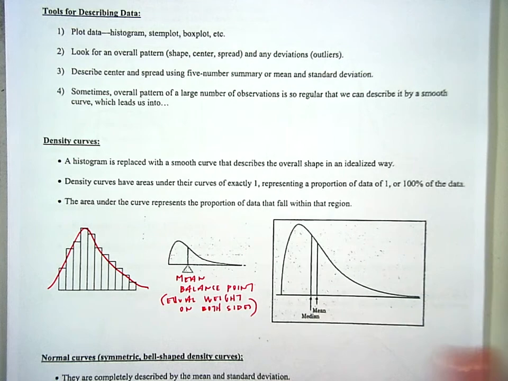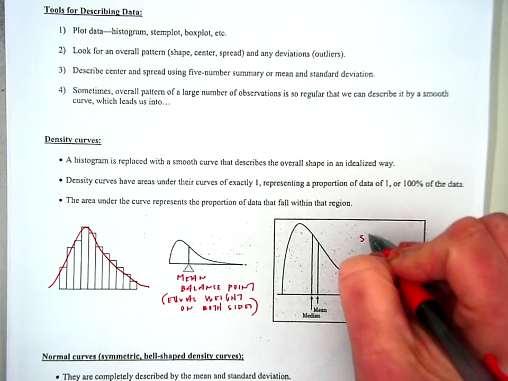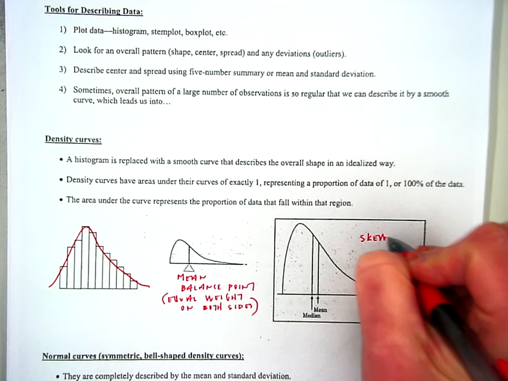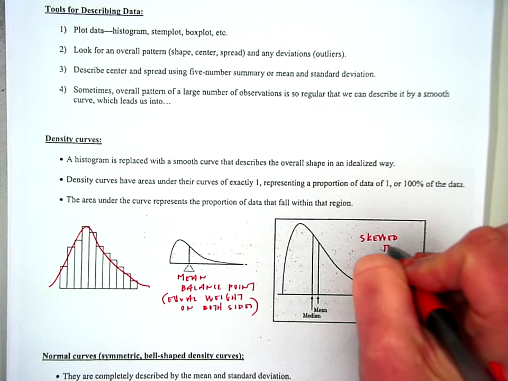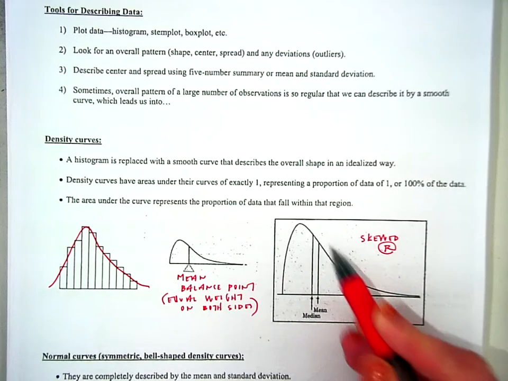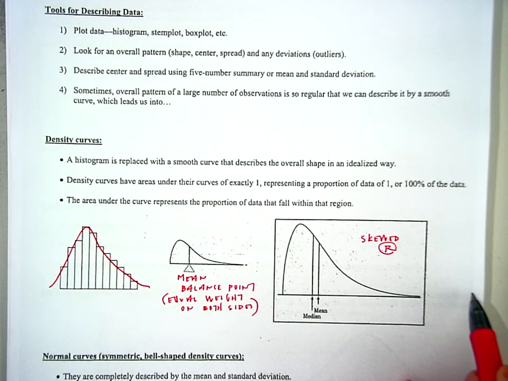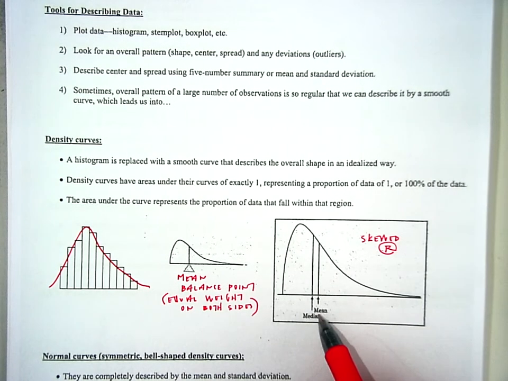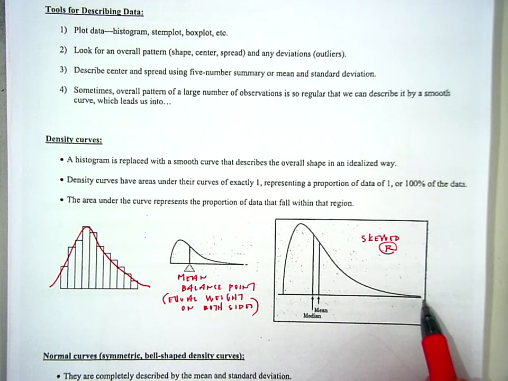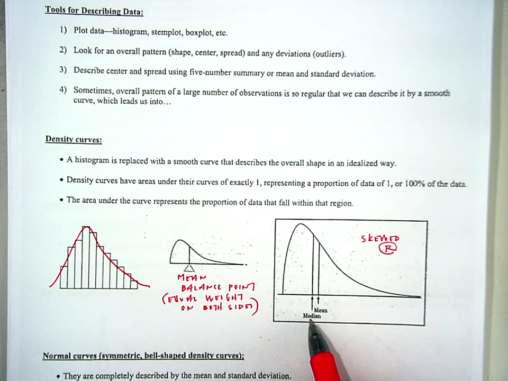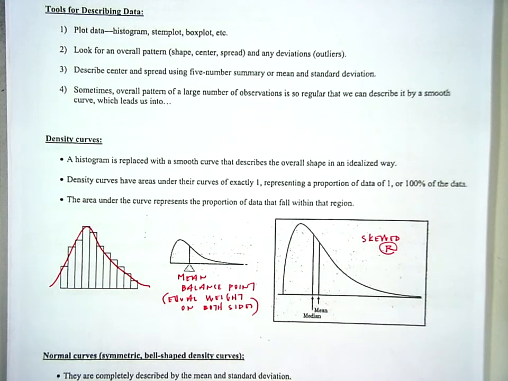So this visual right here, we see that it is pretty strongly skewed to the right. It's where that tail leads us. That's the direction in which it's skewed. So when it's skewed to the right, the mean is pulled closer towards that tail region, and the median is closer to where the concentration of data is.